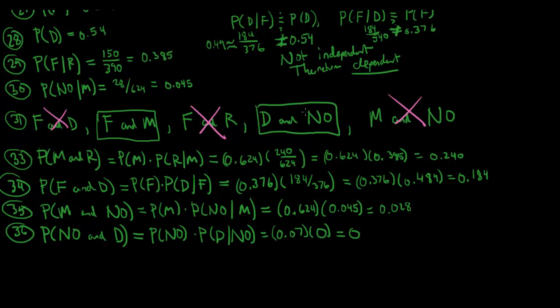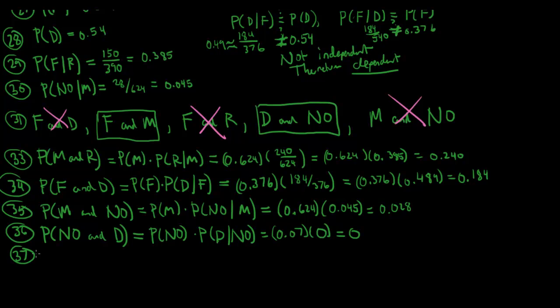We said Democrat and no opinion are mutually exclusive. That means they can't happen at the same time. And the joint probability of two mutually exclusive events is always 0, because it's impossible for them to happen at the same time. So probability is 0. So we could have saved ourselves a few minutes there. But you'll get the same answer even if you're not really paying attention.